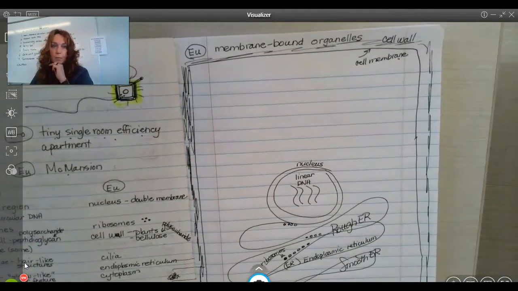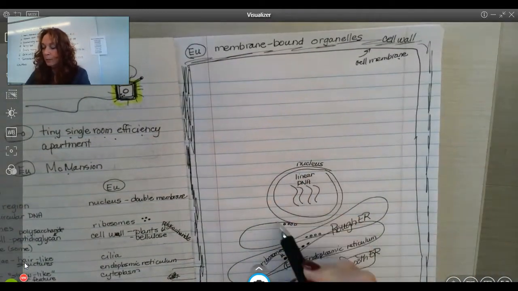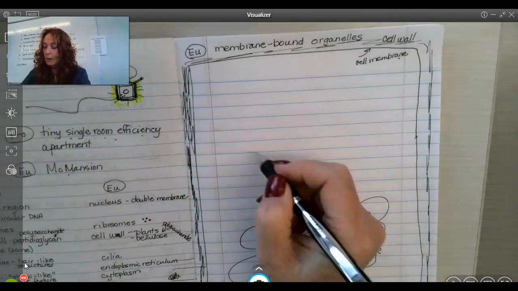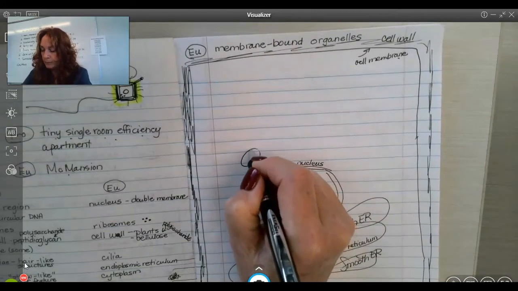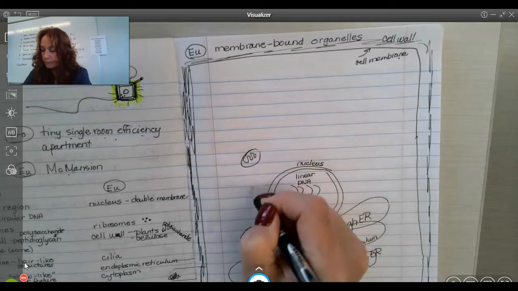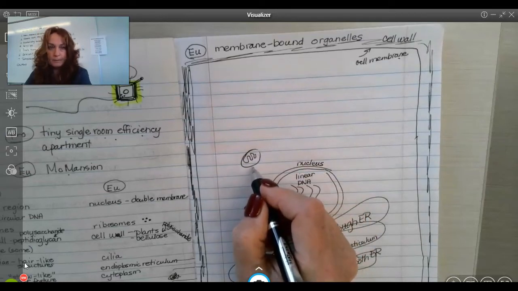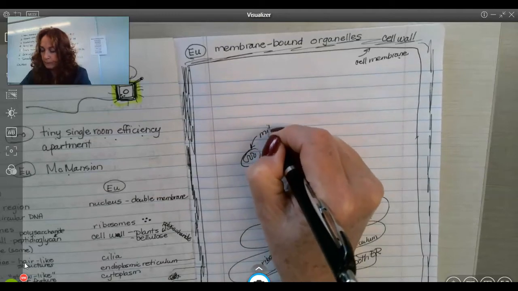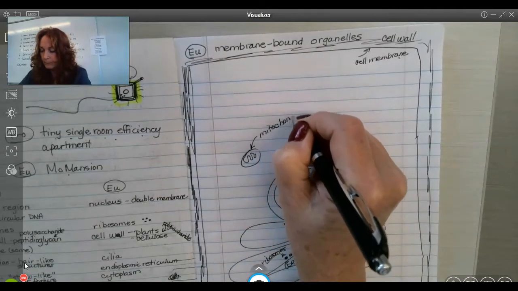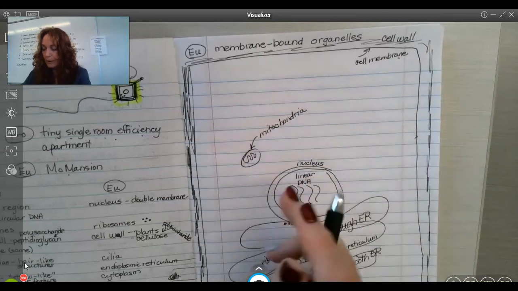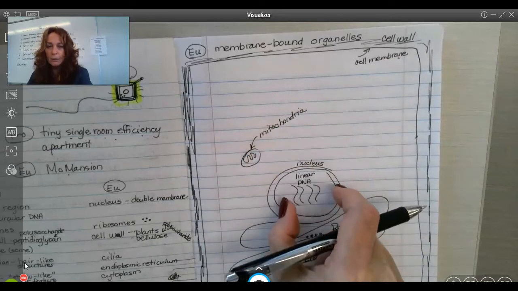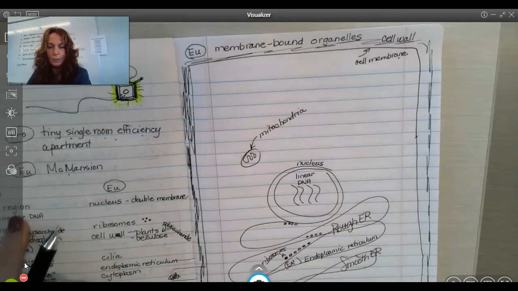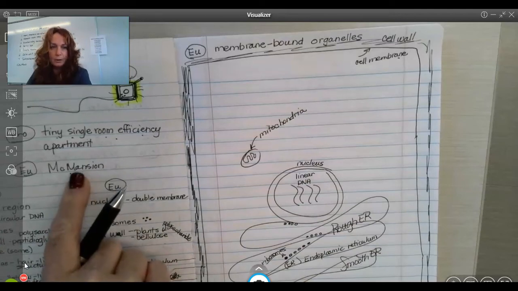You've drawn these before. So we have a double membrane nucleus. You have mitochondria, where cellular respiration occurs. Notice how everything is its own little compartment, just like a room in our McMansion.